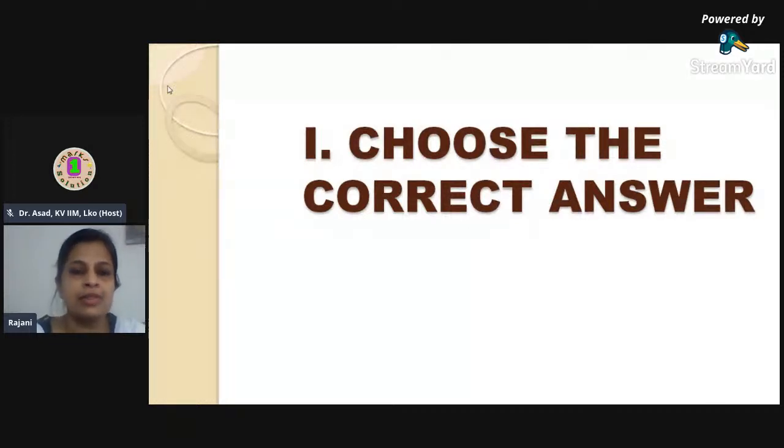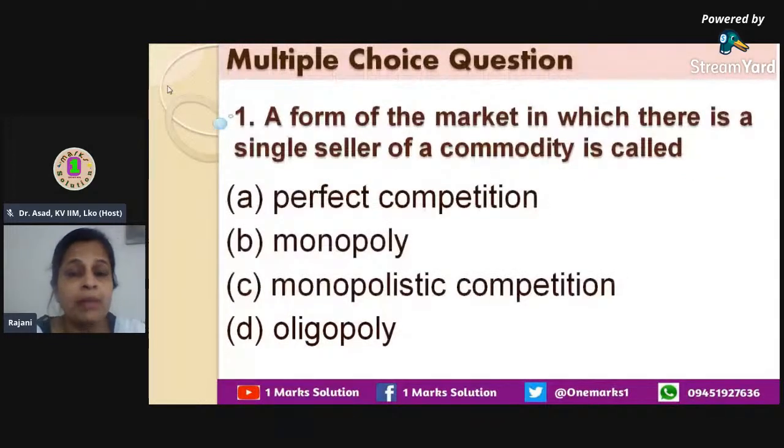Okay, the first question: a form of the market in which there is a single seller of a commodity is called. Definitely a single seller of a commodity. What option is the correct answer? Perfect competition, as I already told you, has a large number of sellers selling a homogeneous product.